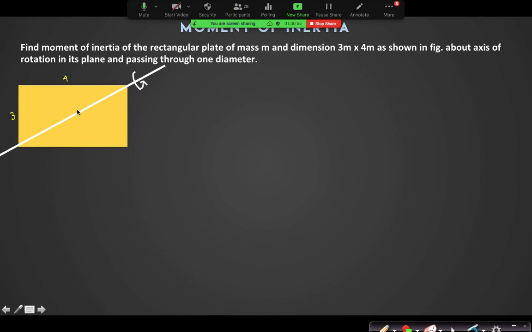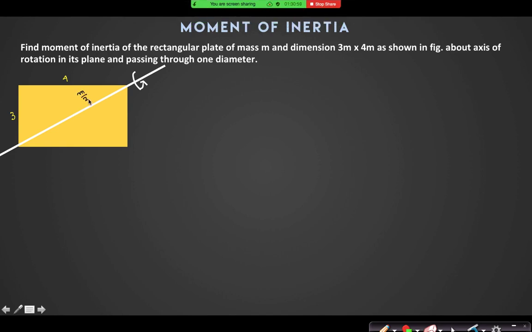Look, if the total mass of the plate is m, can I say that this mass is m by 2 and this mass is m by 2? Yes or no? Now if I drop a perpendicular from this corner to that length, it's coming 25 by 24 only.